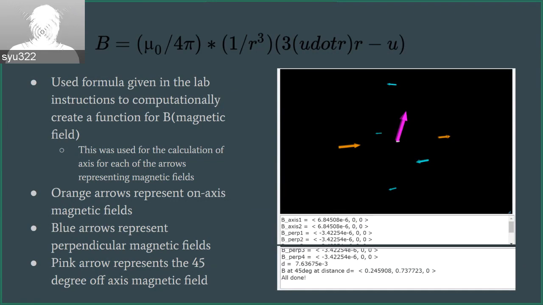For the 45-degree off-axis field, my D-perp was very, very small, and as you can see on the output on the right, for the values that my computational model outputted, the D was very similar to what I had gotten.